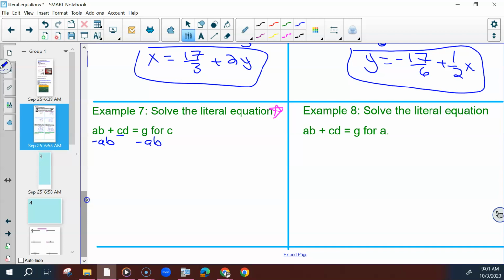Subtract it to the other side. g minus ab, they are not like terms, so you're just going to rewrite. And then divide everything by 8. These cannot be simplified, so you're just going to divide everything all at once.